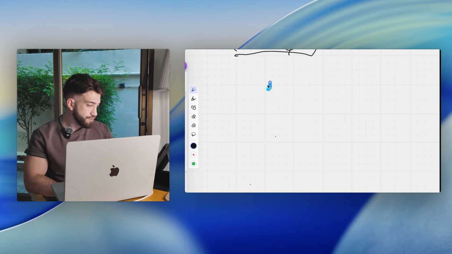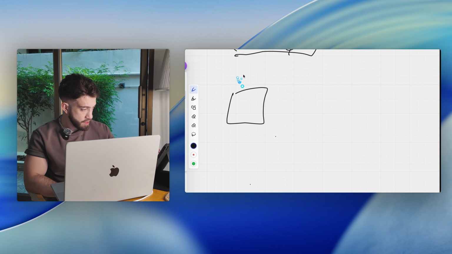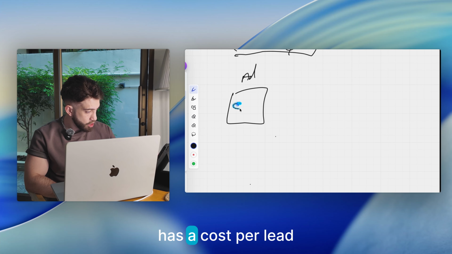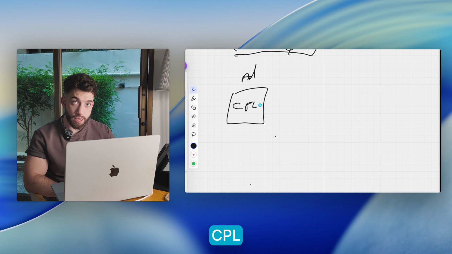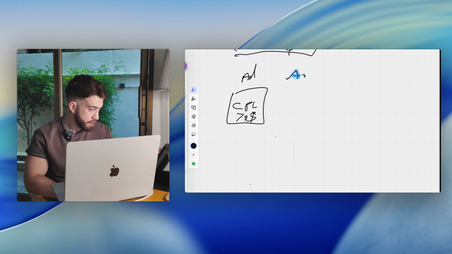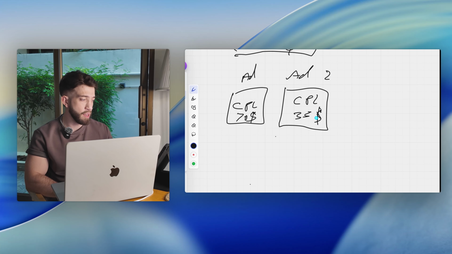What you can do is you're going to see that maybe this ad has a cost per lead, CPL, of $70, and this ad 2 has a CPL of, let's say, $35. Going to 12%.